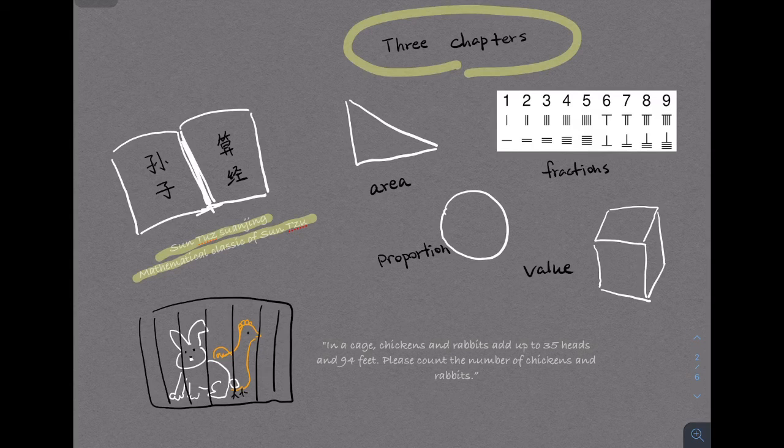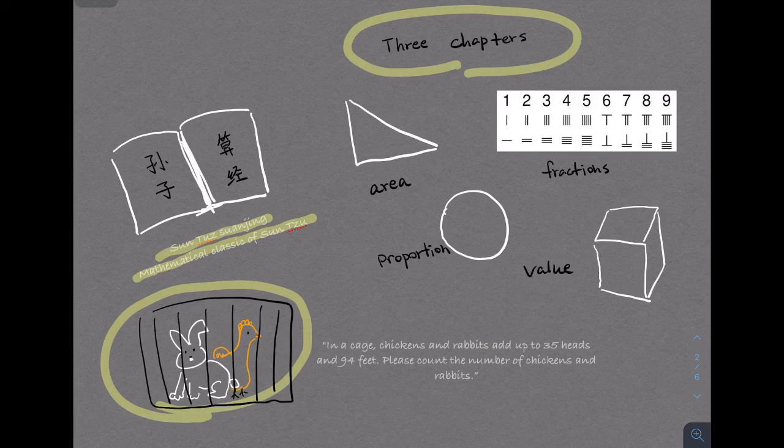This book also includes one really famous problem named the chicken and rabbits in one cage problem. I can read the problem to you. In a cage, chickens and rabbits add up to 35 heads and 94 feet. Please count the number of chickens and rabbits.